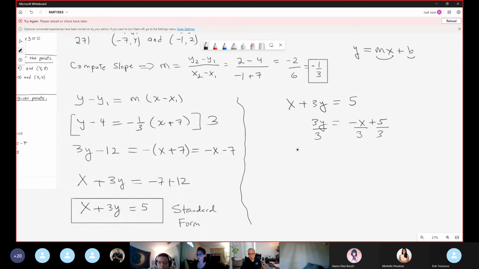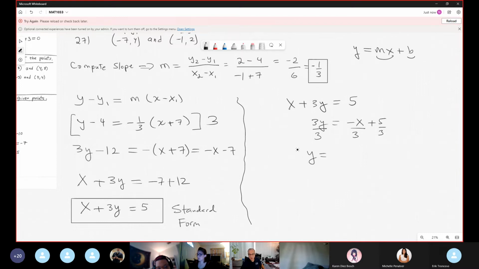Divide by 3, but not like that. Look, some people get confused. Right, minus x plus 5 and divided by 3. No, no good. You divide one by one, because I want to separate this to understand who is m and who is b.